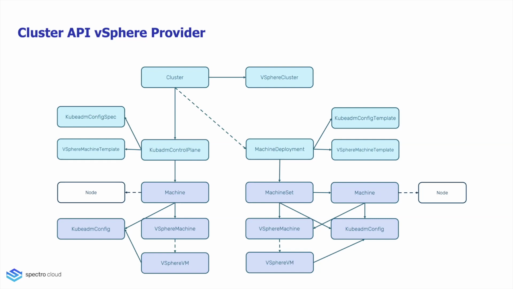This works pretty much similar to how Kubernetes manages pods and application deployment. The only difference is that instead of talking to Docker or containerd to create a pod, these custom controllers will talk to vCenter to create the underlying VM.